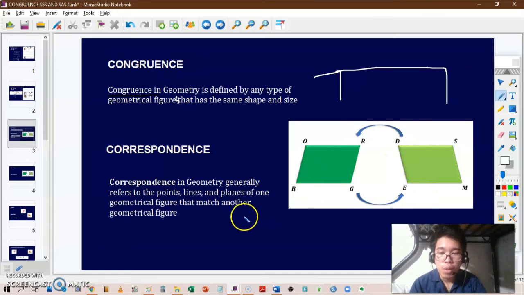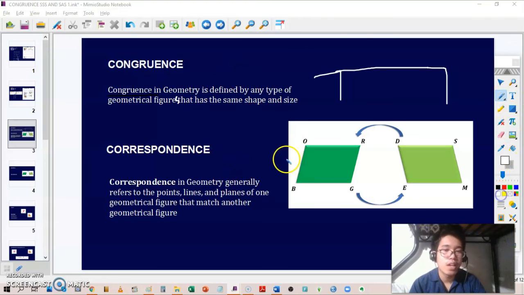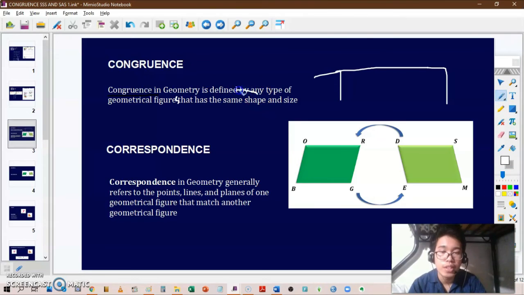Correspondence works differently from congruence. In congruence, the properties we're looking for are the same shape and the same size, so they have to have the same side measurements and the same angle measurements in order to be congruent. Correspondence takes into account the different elements of the shape.